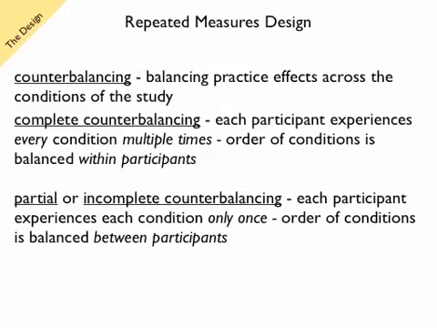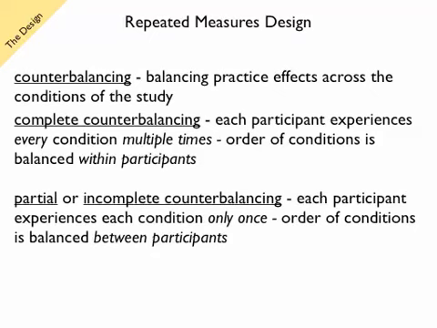We do it by counterbalancing, and that means balancing the order effects, including practice effects, across the conditions of the study. Well, you can do it two ways. You can do it in a complete way where everybody experiences every condition many, many times, and so the order of conditions is balanced within participants.